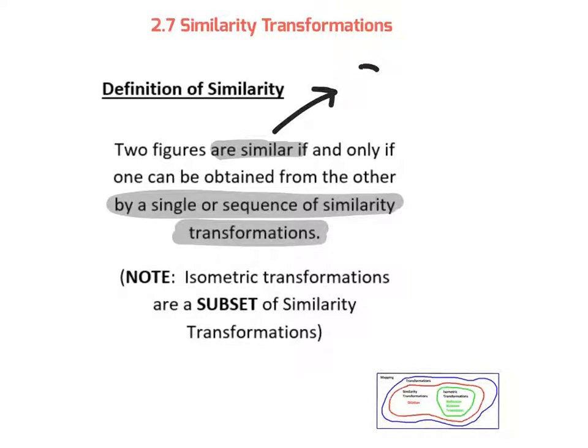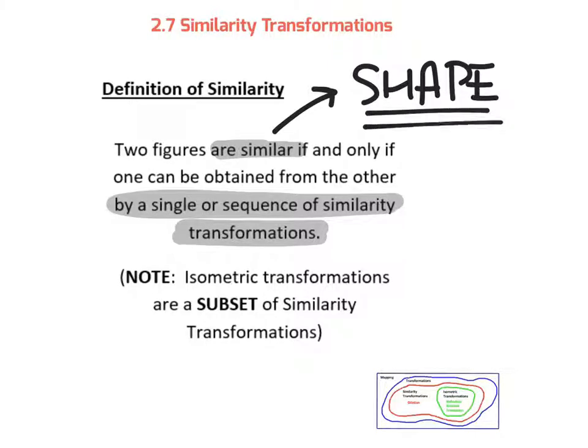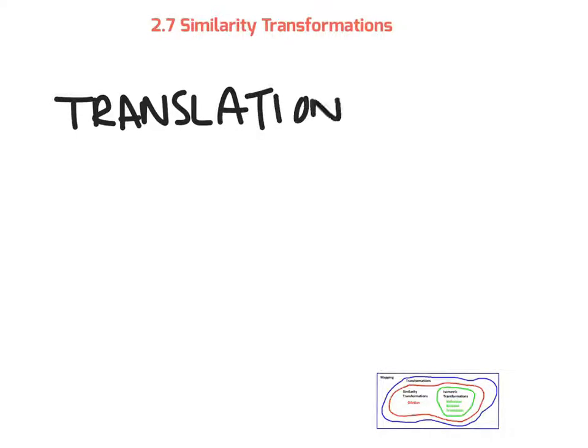similarity, again, means that we are maintaining the shape. So of the motions that we know, which ones maintain shape? Of course, the translation maintains shape. What else? Of course, the rotation maintains shape.